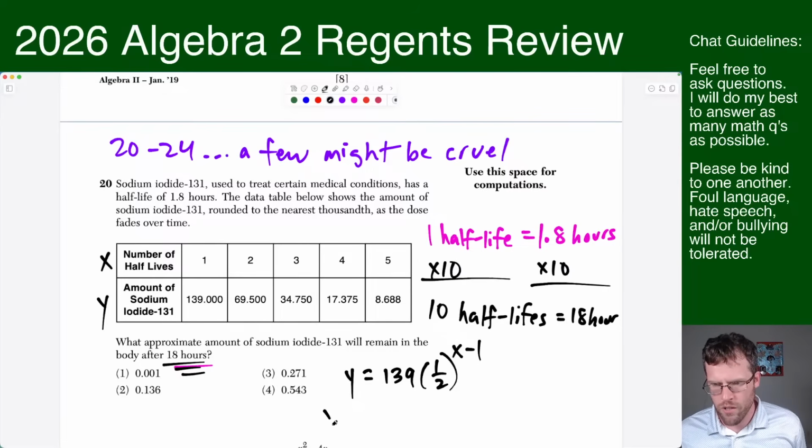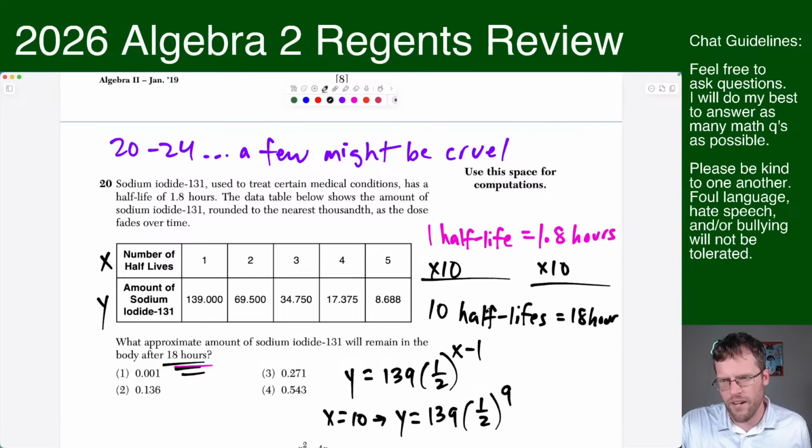So if I want to know what's going on when x is equal to 10, because 10 half-lives is going to be 18 hours, I say y equals 139 times a half to the 10 minus 1, which is 9.